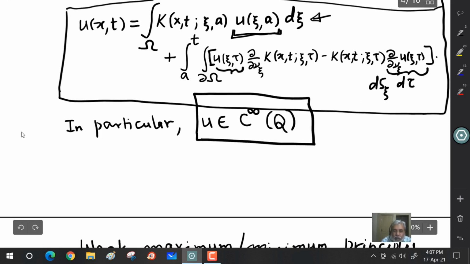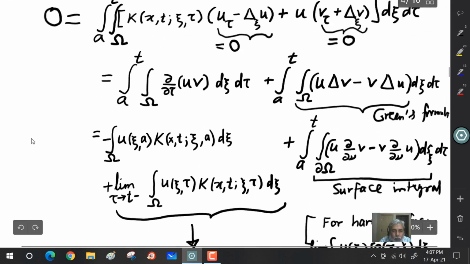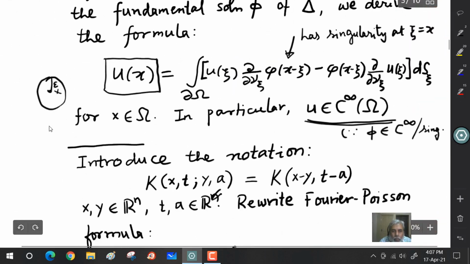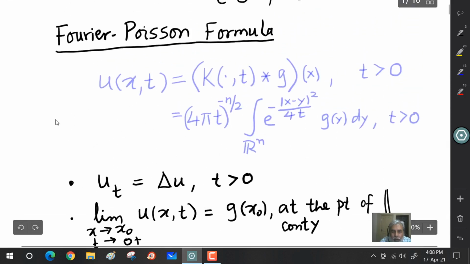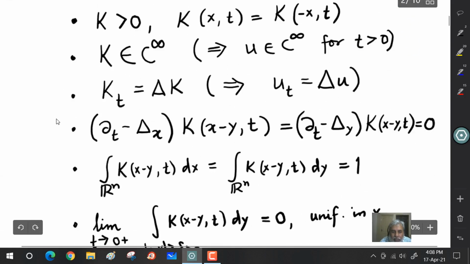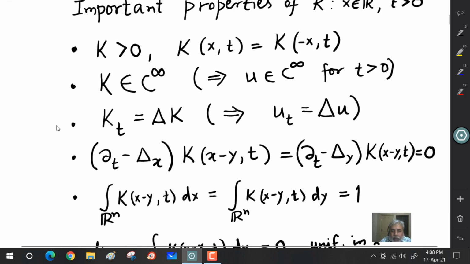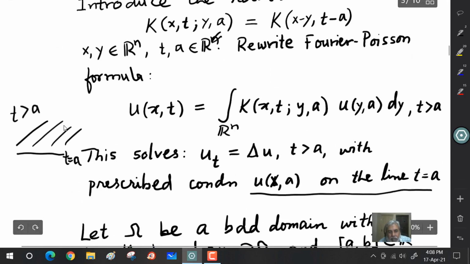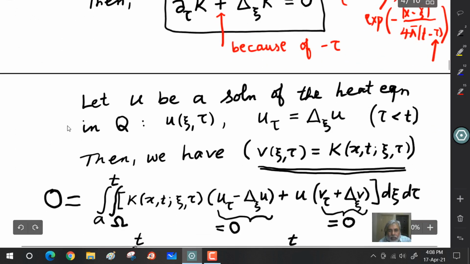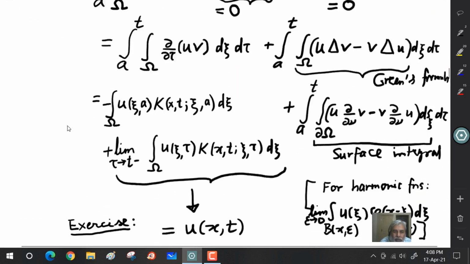In particular, we can use this again to show that, just like in the free variable case, where the domain is the whole of R n, we saw that u k is infinity implies u is infinity, the same qualitative behavior continues to hold even for a bounded domain.